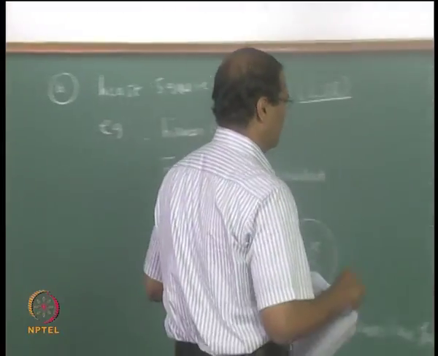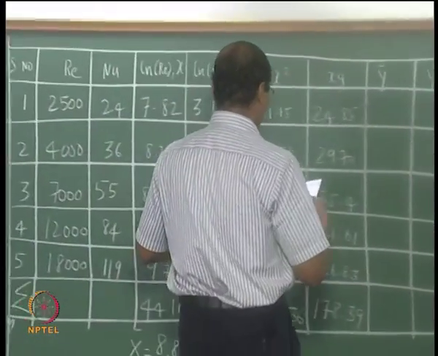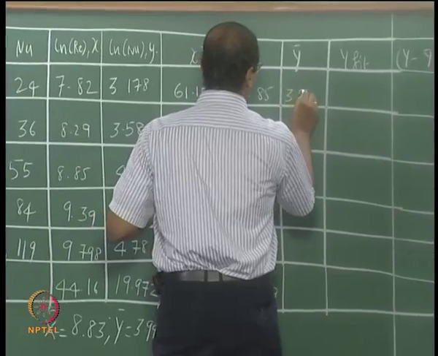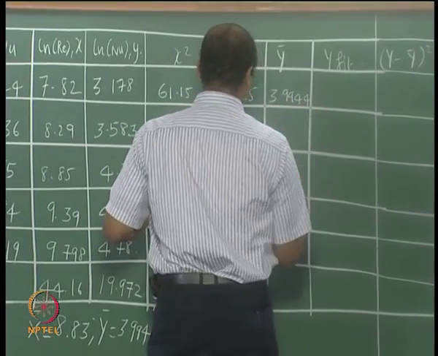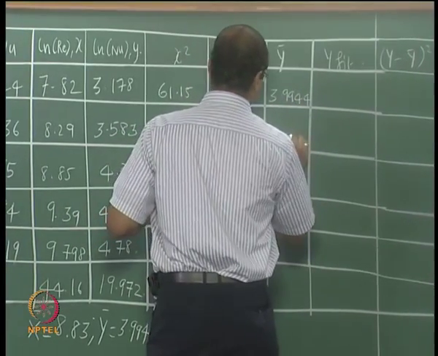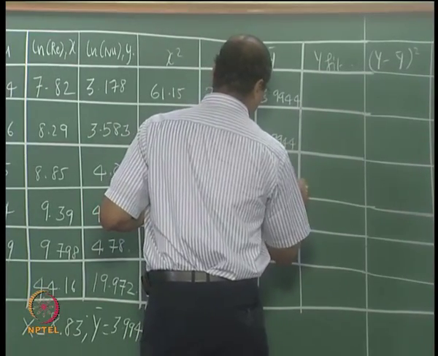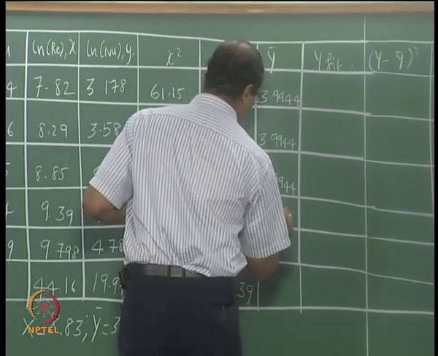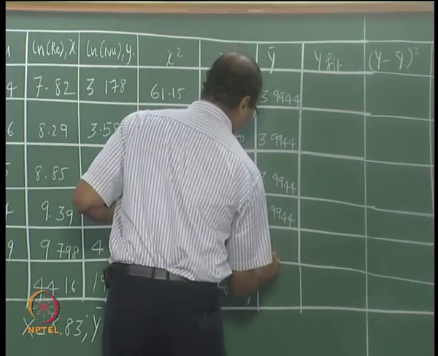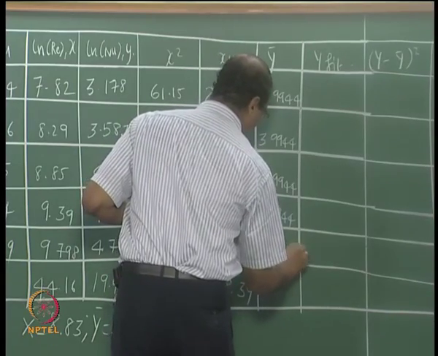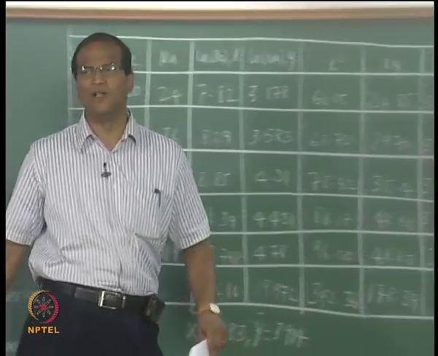So y bar was 3 point. I am simply writing that y bar in all the columns.